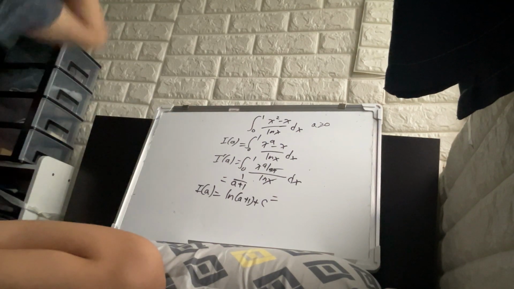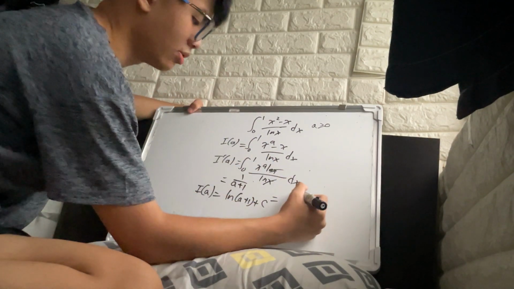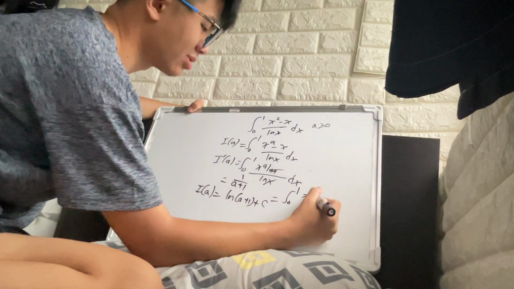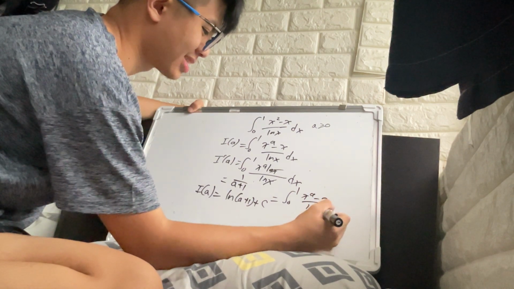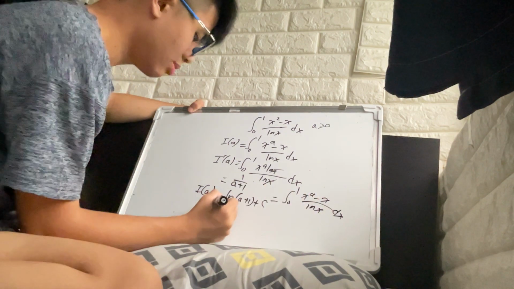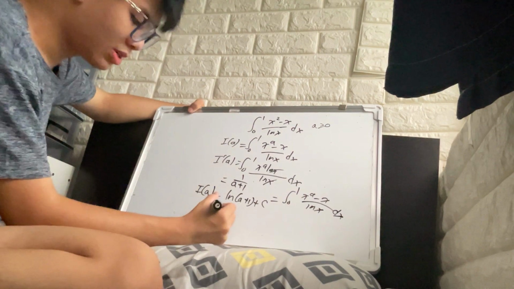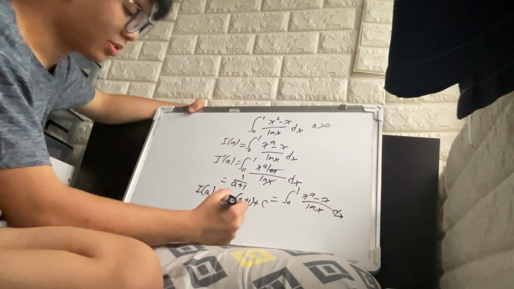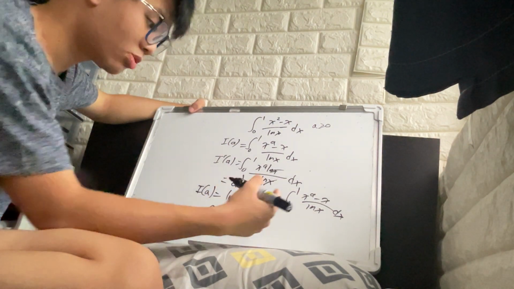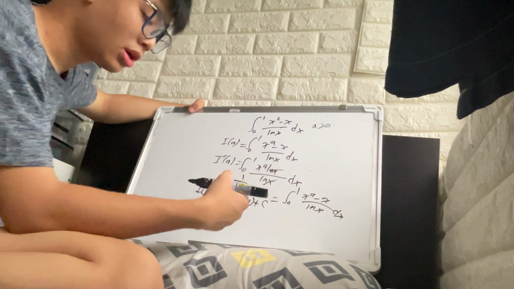Let me just show you the steps. Ln dx. Plus a, use the equal sign. A is equal to, how can we do this?